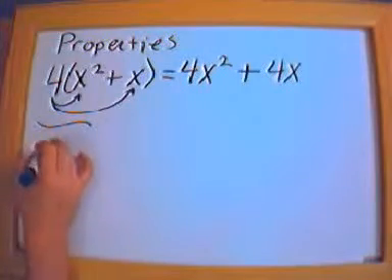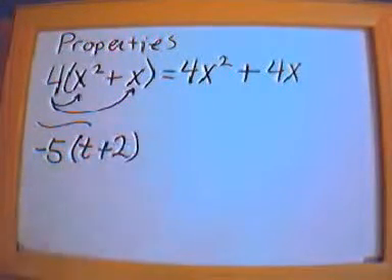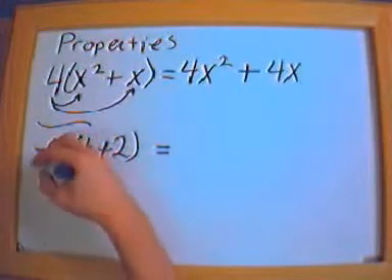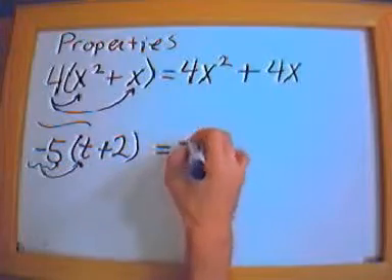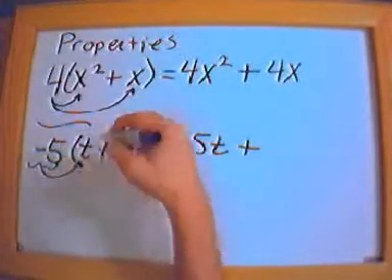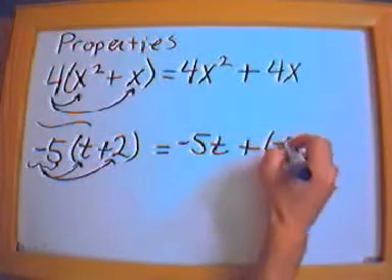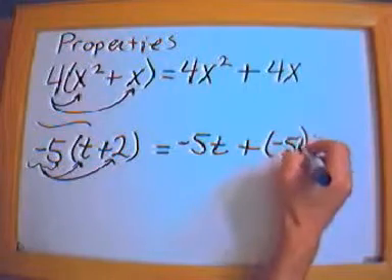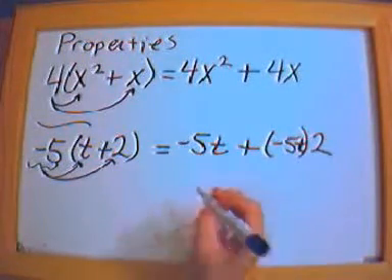What if I have minus 5 times (t plus 2)? This equals minus 5 multiplied into the first thing, which is minus 5t, plus, because I have a plus here, minus 5 multiplied into the second thing, 2.